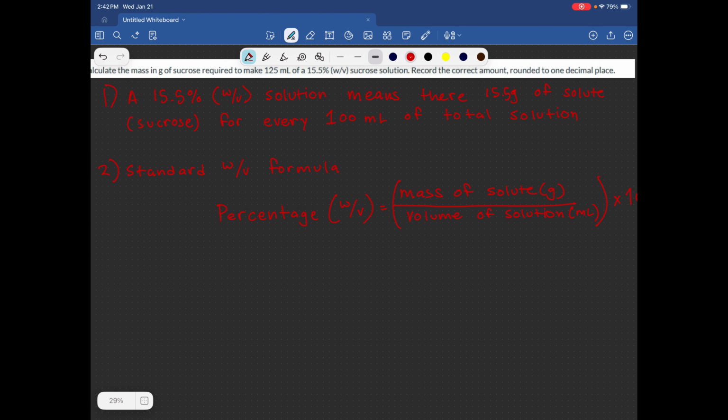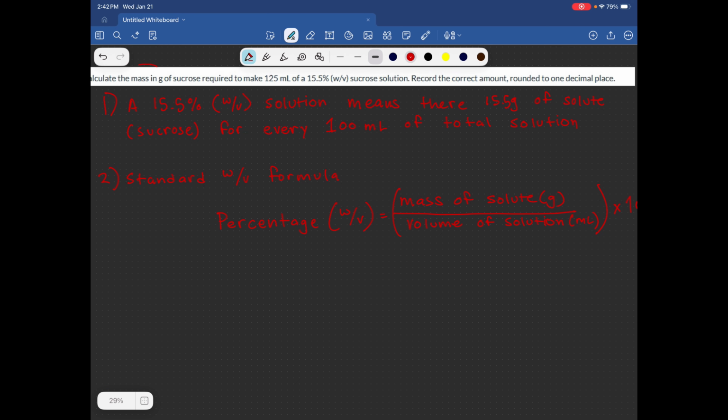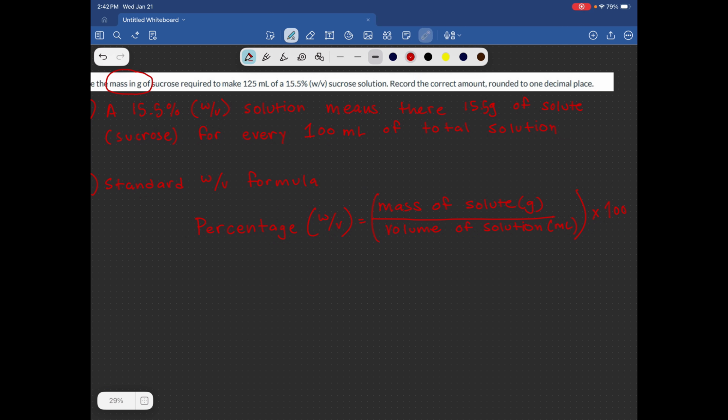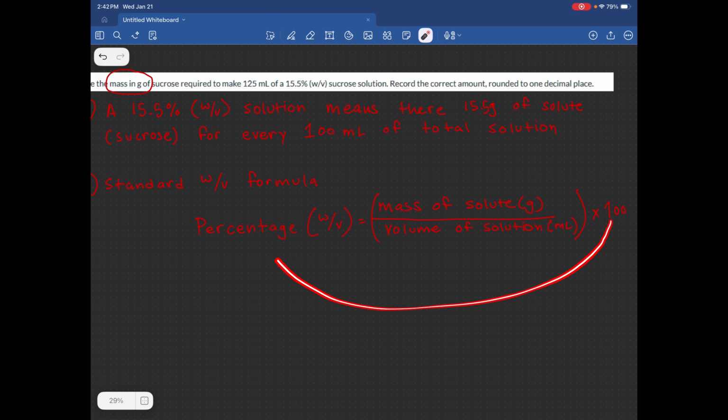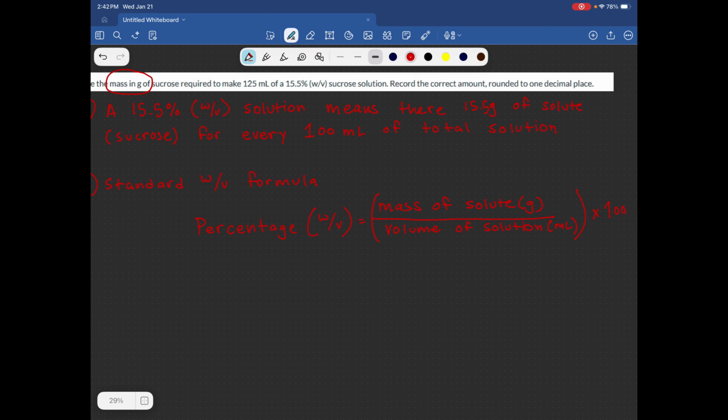So because we want to find mass, right, so it's asking us to calculate the mass, we're just going to rearrange this formula. And to do that, we'll just divide both sides by 100 and then multiply by the volume. So let's do that.